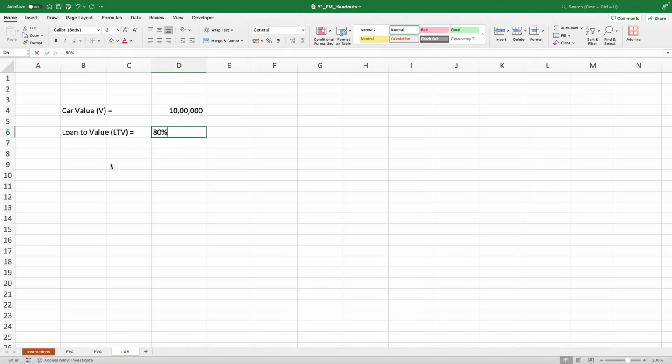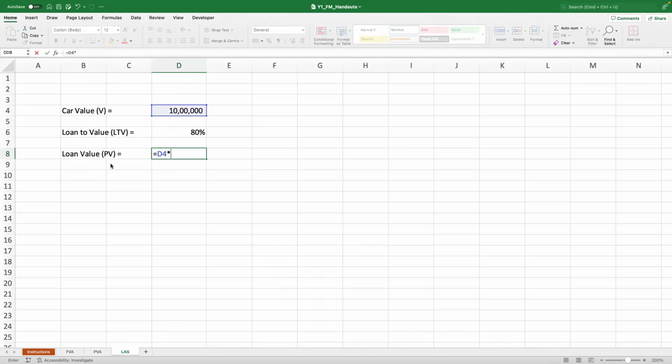It is 80%, which means that the loan value sanctioned by the bank, and since you are taking the loan today, this becomes your present value. That becomes 10 lakhs into 80%, which is 8 lakhs.